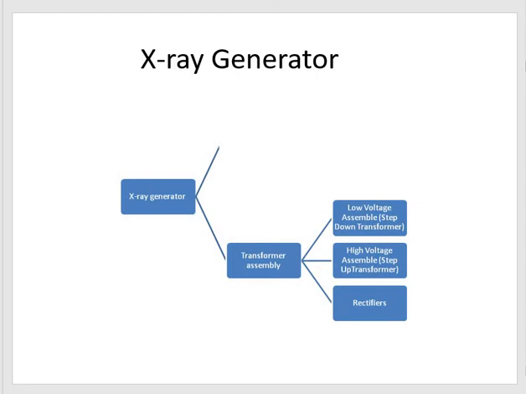And the AC is modified with a rectifier. It's either a full wave rectifier or a half wave rectifier, to produce a direct current so that we do not destroy the X-ray tube. So let's have a look into this a little bit deeper.